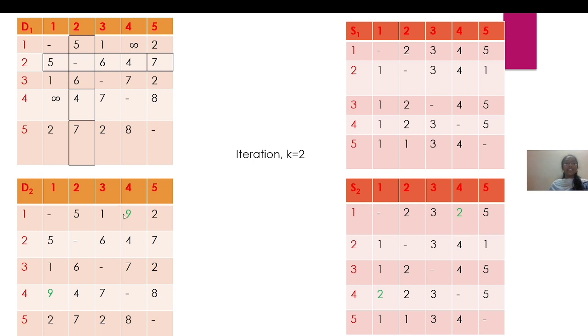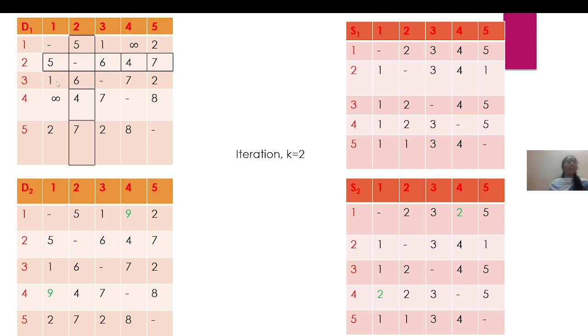So we are replacing infinity by 9, and 5 plus 7 is 12, which is greater than 2. So there's no change, 2 is written as it is. Since infinity is changed to the number 9, the vertex sequence matrix entry changes from 4 to 2, that is the iteration value takes its place.